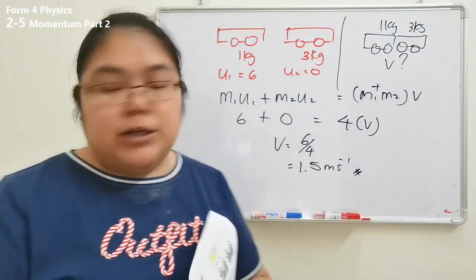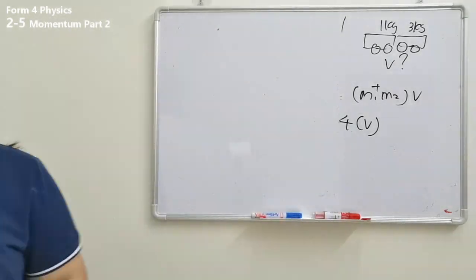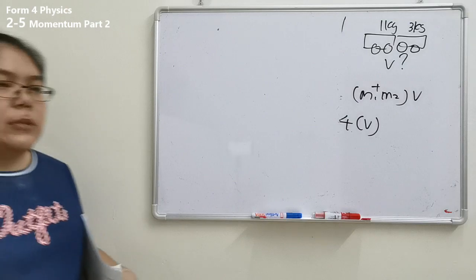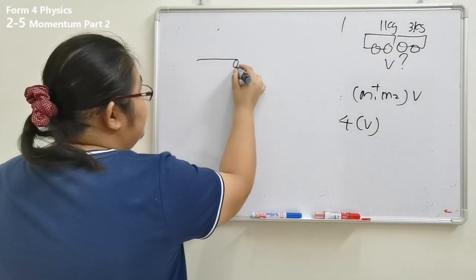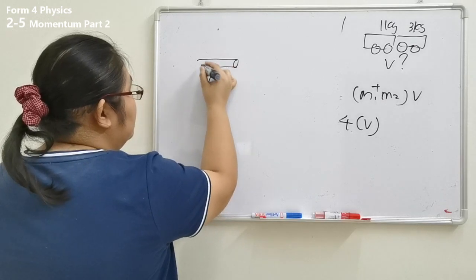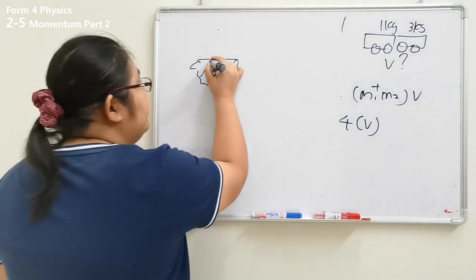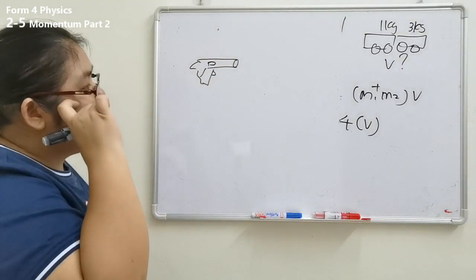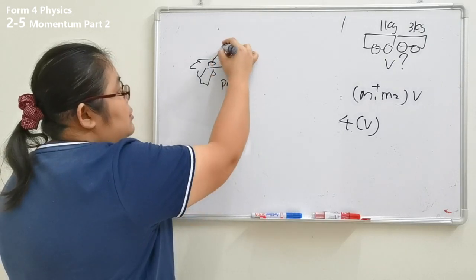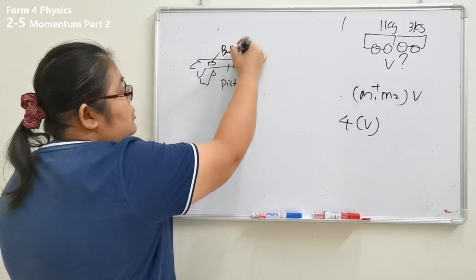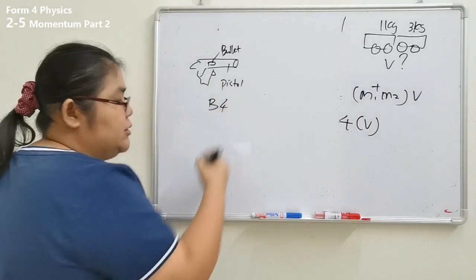Another situation, let me draw first. Another situation for explosion is the pistol. I don't know how to draw. Before, the bullet and the pistol are stuck together. This we call before collision.